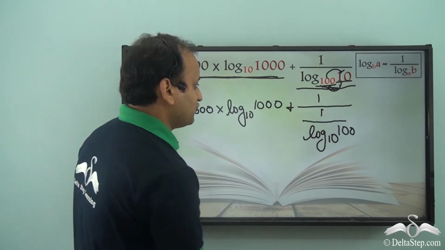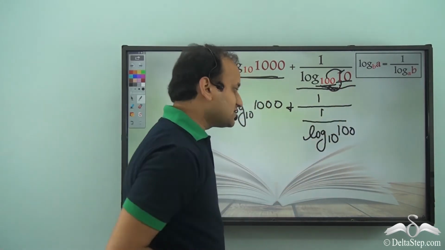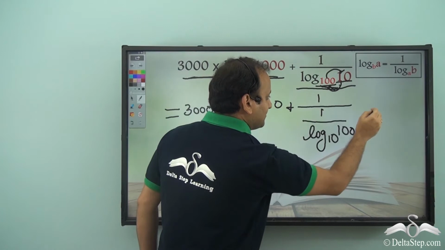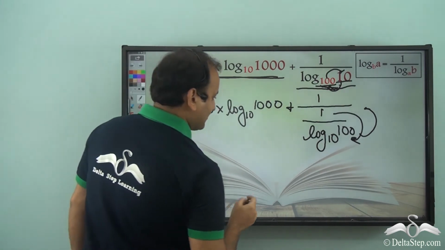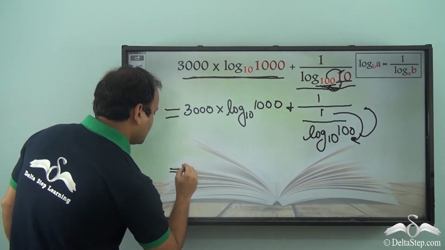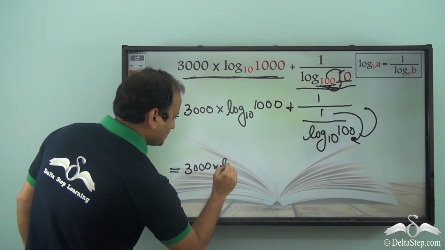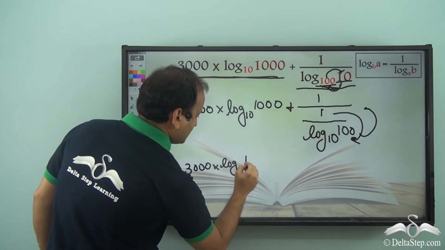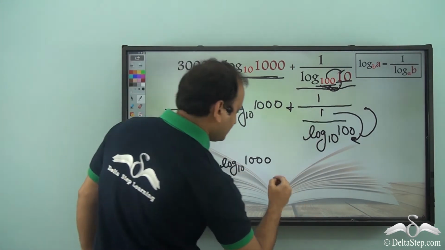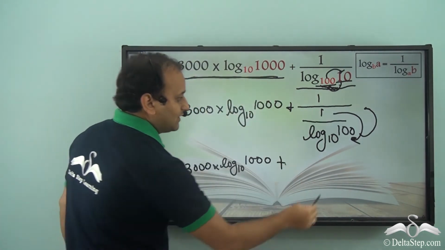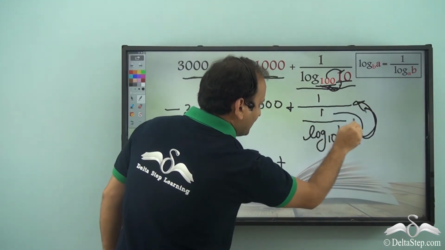Now you know that if you want the denominator to come to the numerator, we'll again have to reciprocate it. That is, the denominator will become the numerator and the numerator will become the denominator if it comes up. So we can write this as 3000 into log 1000 to the base 10 plus, now as log 100 to the base 10 will come up, then 1 will go down.